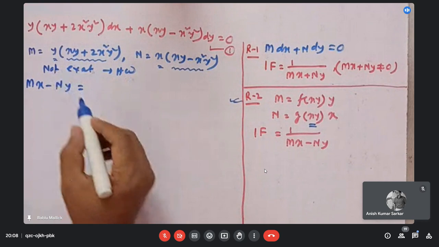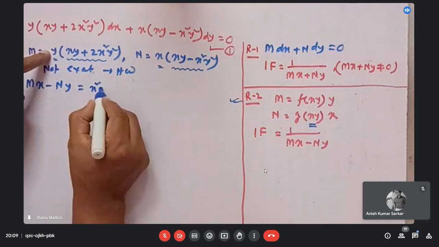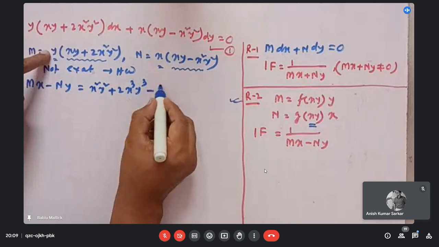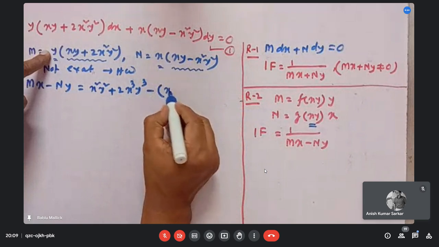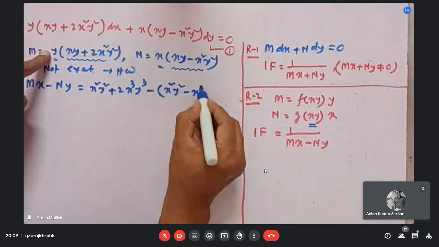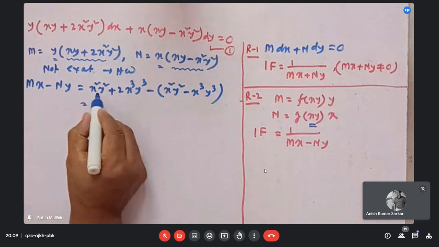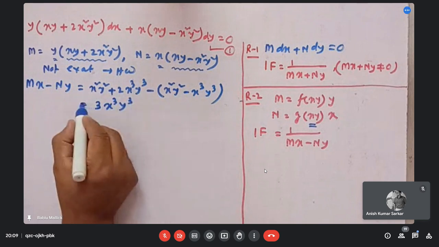So Mx − Ny: if I multiply by x here, we get x²y² + 2x³y³, minus, if I multiply by y, x²y² − x³y³. So x²y² cancelled, and it is 3x³y³.